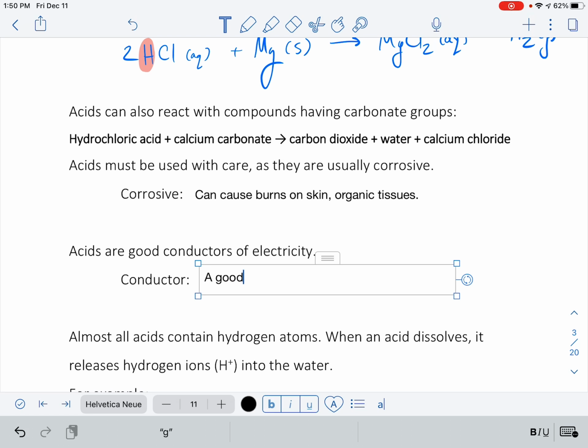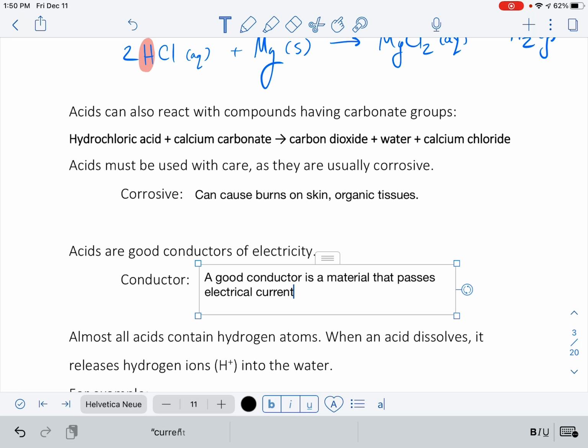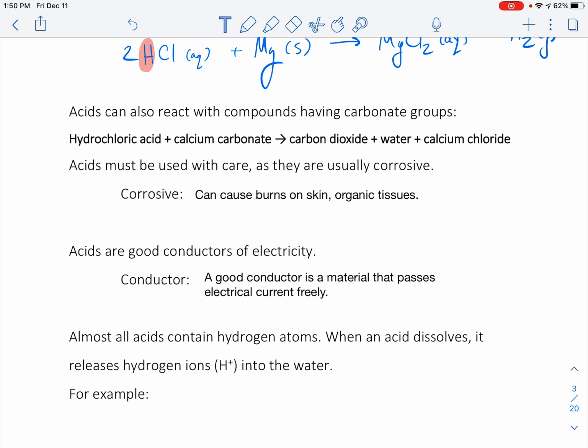A good conductor is a material that passes electrical current freely. So if you want electrical current to run, you need acid. And if you're familiar with car batteries, often we talk about car batteries as lead acid batteries.